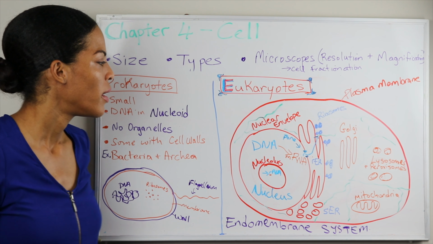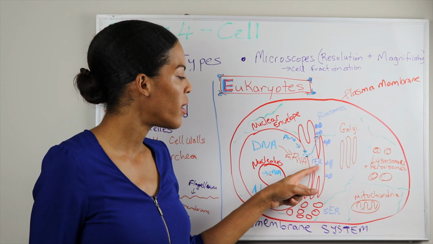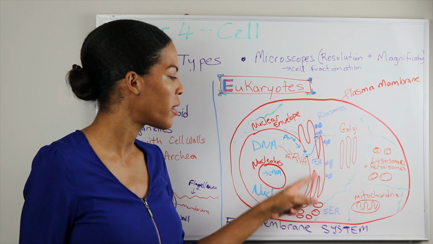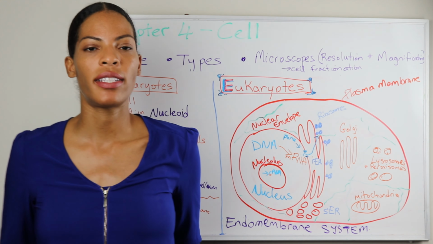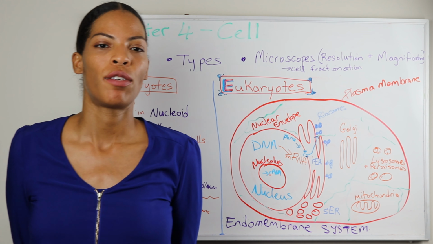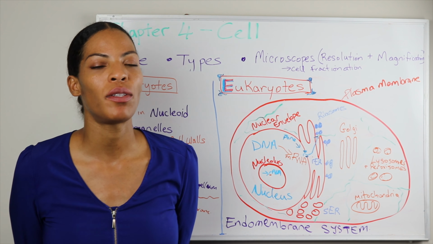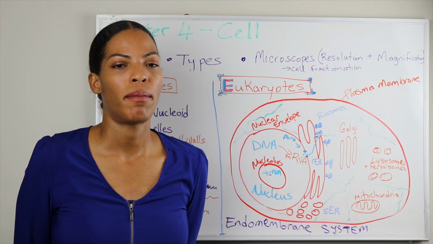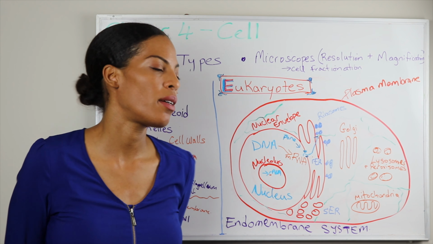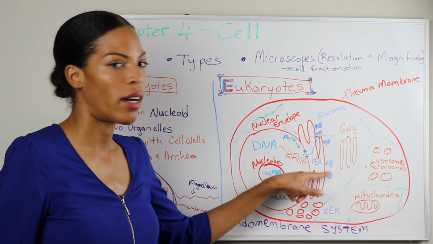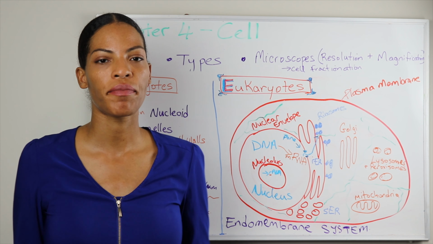So now we have this structure, the ER, which stands for endoplasmic reticulum. The endoplasmic reticulum has two regions based on what is produced there. One is the RER, or rough ER.